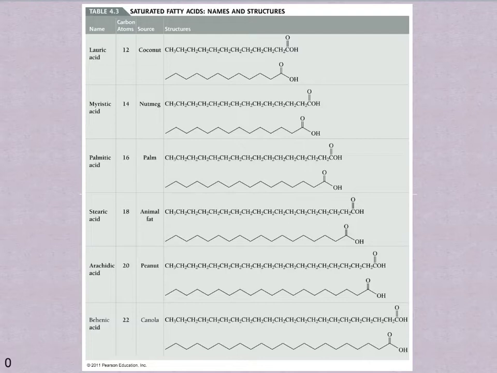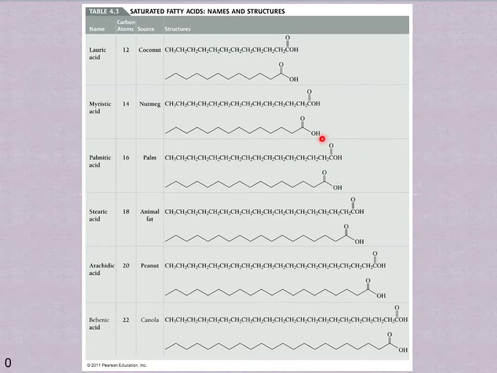But for right now, just know that there are even numbers. I don't expect you to memorize, for example, that stearic acid is 18 carbons and palmitic is 16. What I do want you to know how to do is, if I say draw a fatty acid that has 12 carbons, that you can draw it because you know there are 12 carbons in total, and you know it has this carboxylic acid group on the end of the molecule.